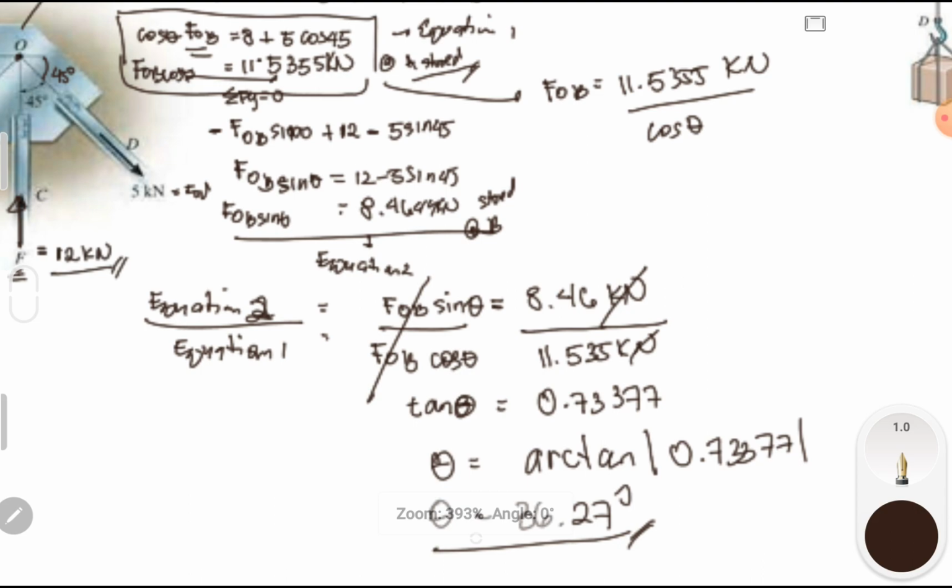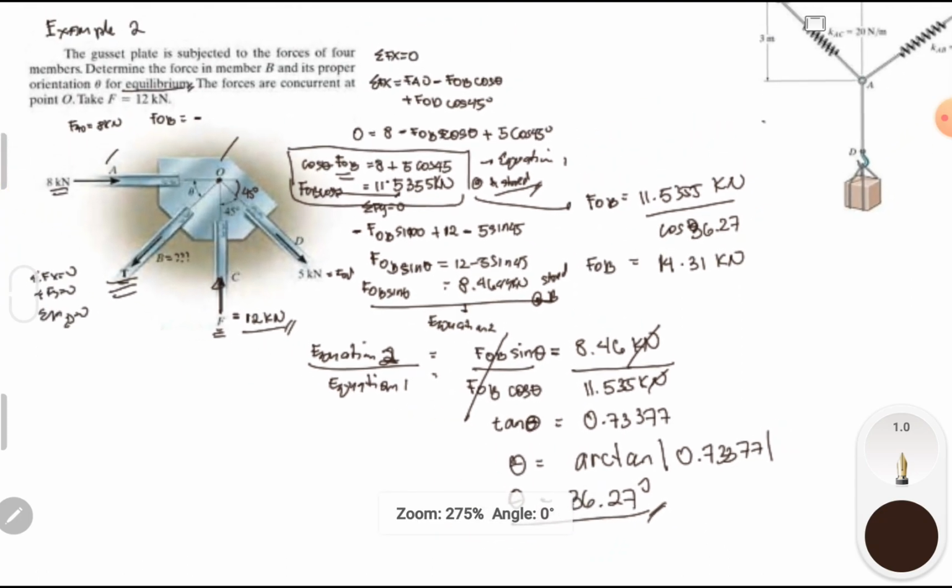But take note that our cosine theta is cosine 36.27, so therefore our FOB is equal to alpha A divided by cosine 36.27. So we'll have a value equal to 14.307 kilonewton, or approximately equal to 14.31 kilonewton. This will be our FOB, or your force at member B.